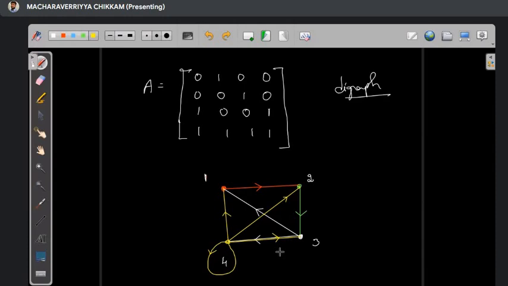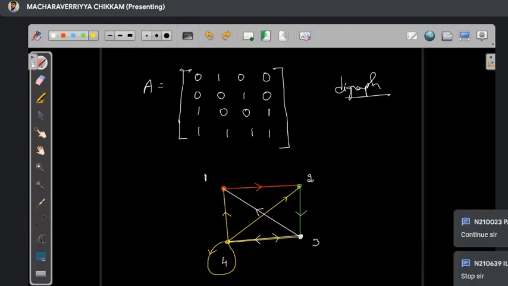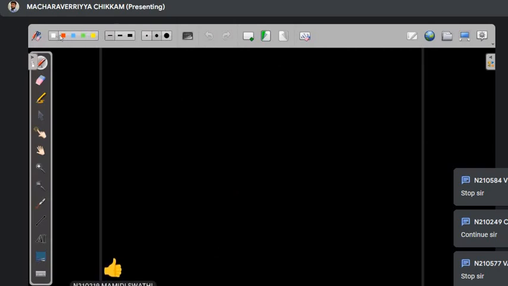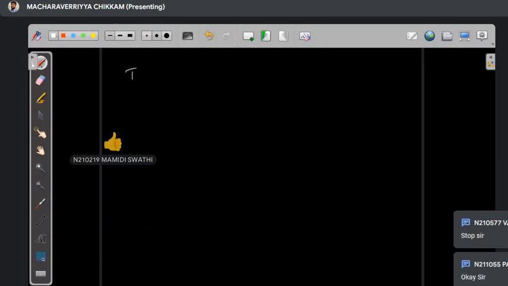And there is one more representation of a graph using the incidence matrix. So shall we discuss it or shall we stop? I'll simply illustrate one example for an incidence matrix, and with that I'll stop. Okay. Now let us discuss the incidence matrix.